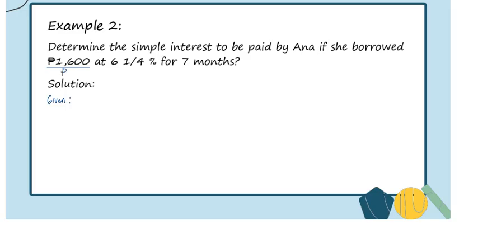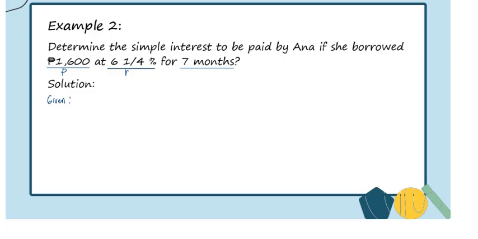And then, if we go to the next value, that is 6 and 1/4%. So again, yung meron lang SI unit in percentage form is going to be our rate. So therefore, this is automatically our rate. And then, another value that we have on the problem is 7 months. So months is an SI unit for time.